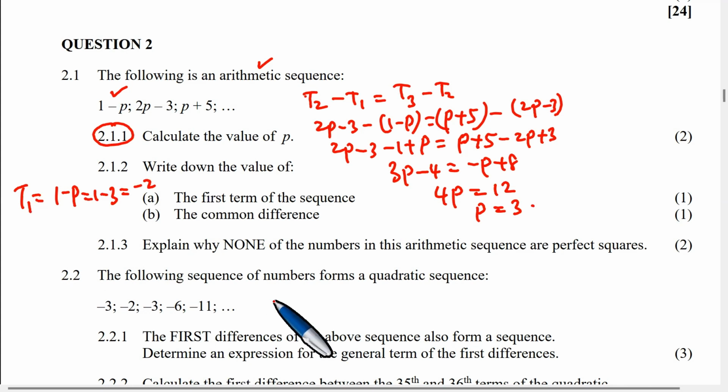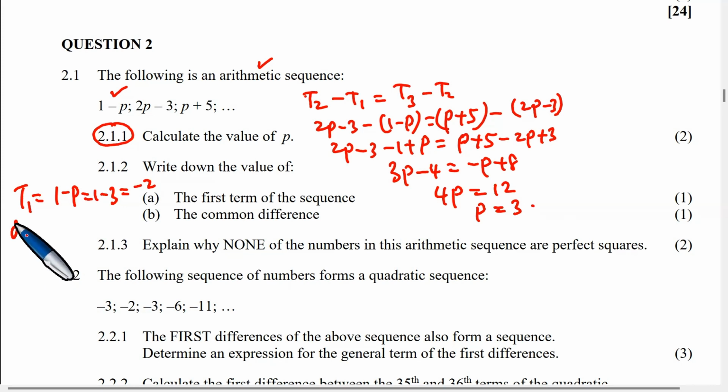The common difference? What is the common difference? Write down the common difference. We continue as follows. Right, so the common difference is going to be obtained by subtracting two terms that are consecutive. And therefore, we're going to write the following here. What is the first term?